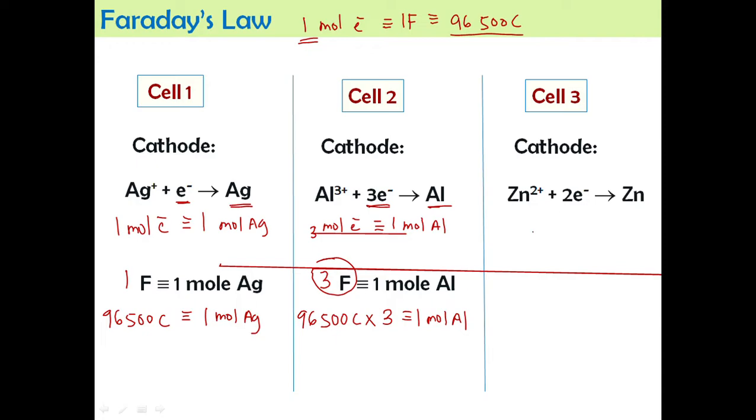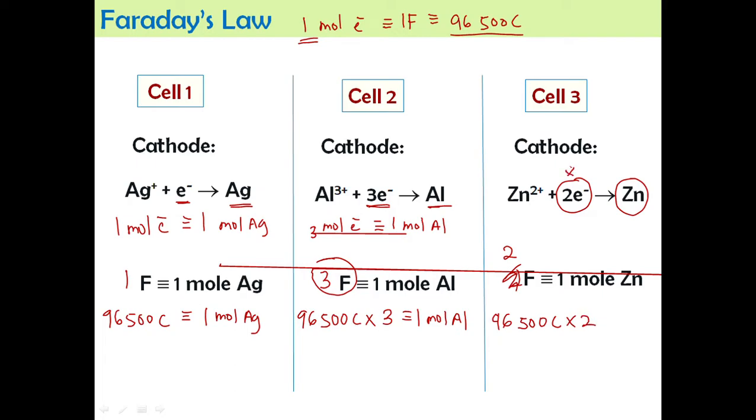Okay. So what about cell 3? 2 mole of electron, 1 mole of zinc. Jadi maksudnya kita kena supply 2 Faraday. 2 Faraday barulah dapat 1 mol zinc. So kalau supply 2 Faraday means kita kena supply charge sebanyak 96,500 coulomb times 2.